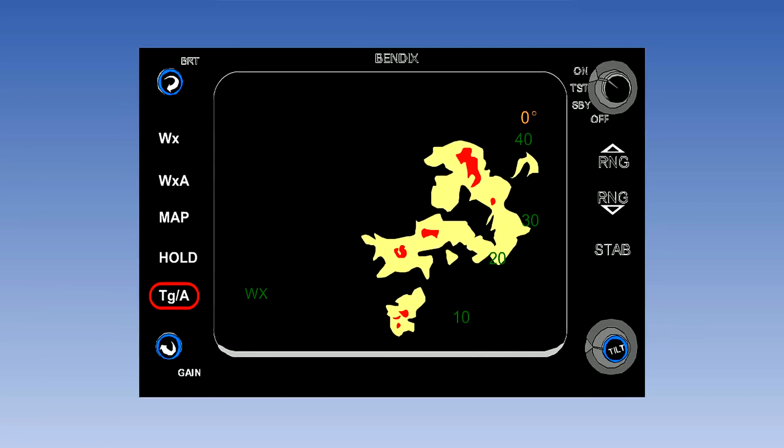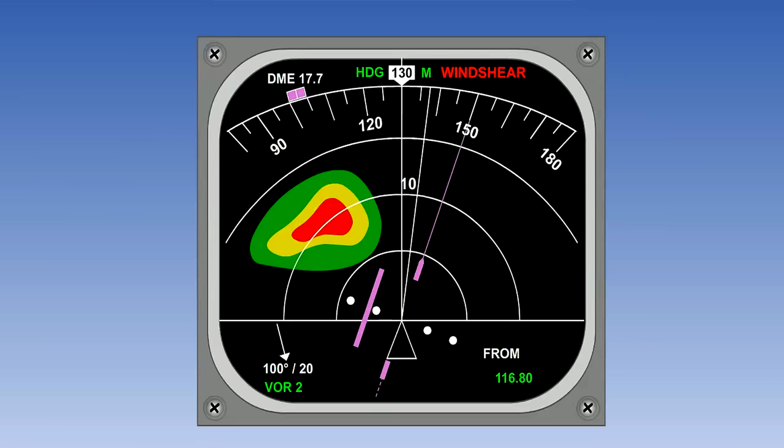The word fault flashes on the screen if there is a power or transmitter failure. The word wind shear can be displayed on modern color radar equipment when appropriate.